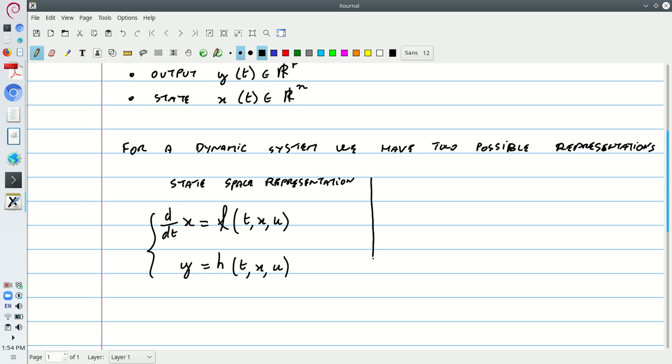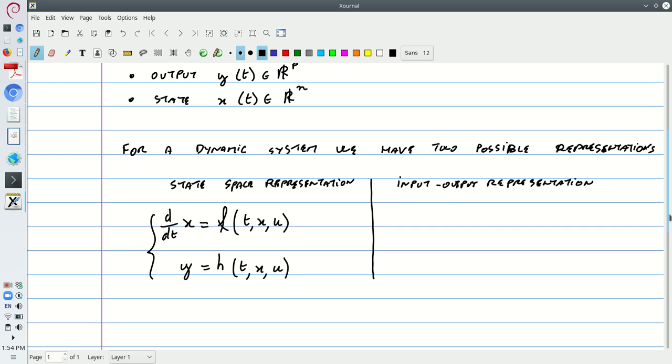But we can have also another representation, that is called input output representation. And this only involves the input and the output, not the state.